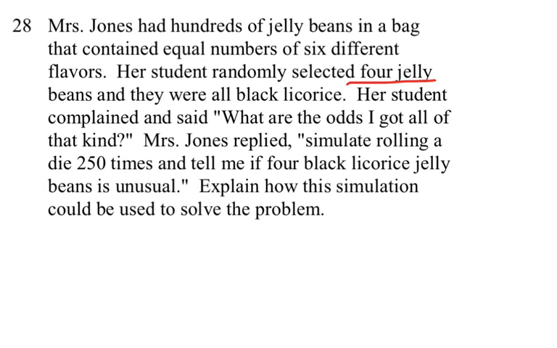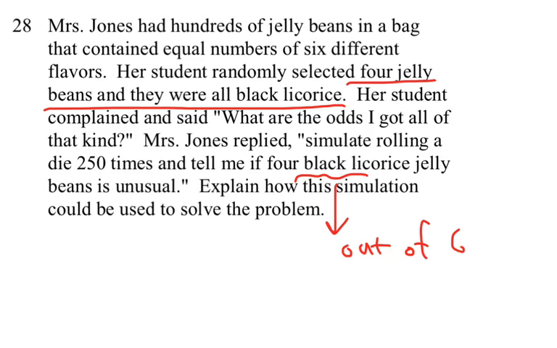Now, the question is, how can we explain this phenomenon using a die, rolling the dice 250 times? In fact, black licorice will be 1 out of 6 flavors, and rolling a die also has the same ratio, 1 out of 6.